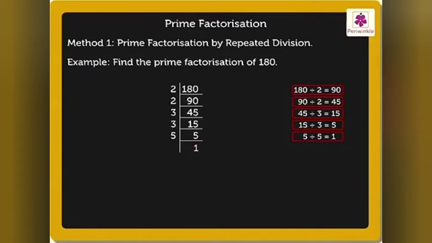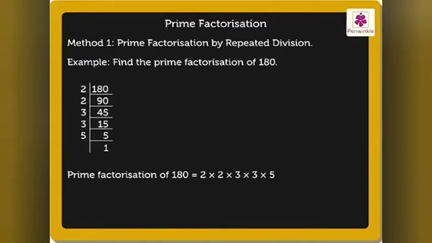Now we write the prime factorization of 180 as the product of all the prime numbers that we have on the left. Thus, the prime factorization of 180 is 2 into 2 into 3 into 3 into 5.